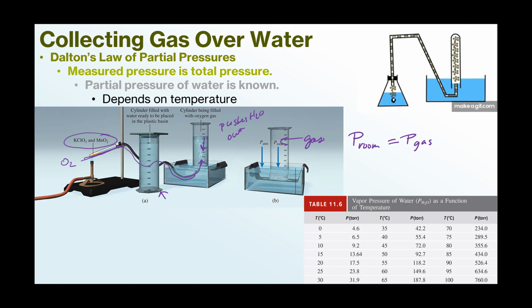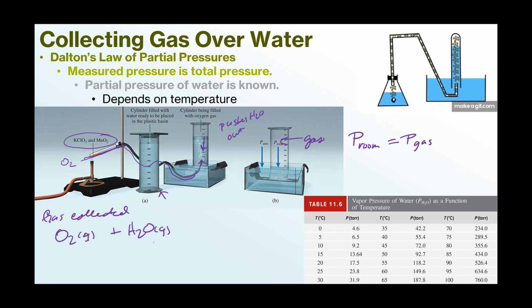Now, the downside of doing gas over water is the gas we collected is not just the gas we want. In this experiment, our gas collected is the O2 from the reaction, okay? But we bubbled it over water, and so we've ended up trapping water vapor in our oxygen gas.